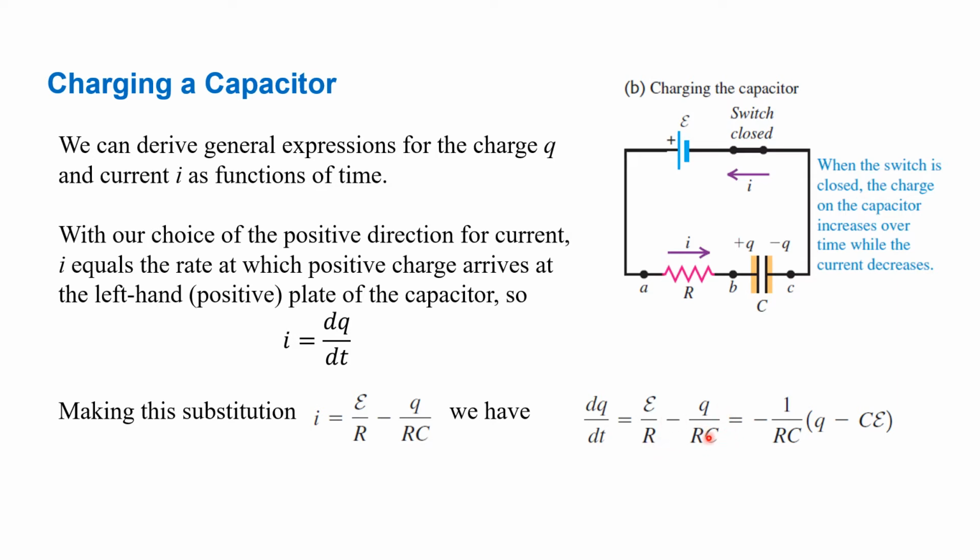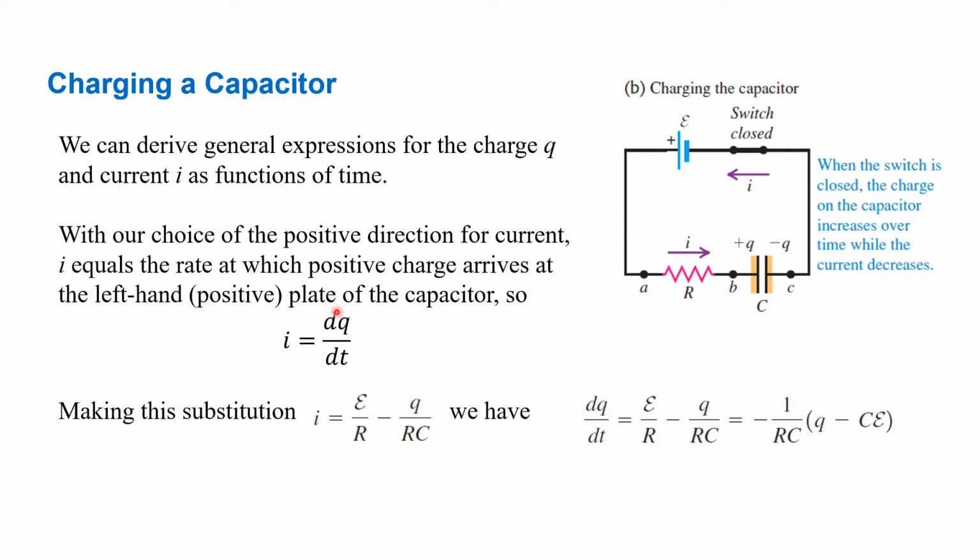Okay, and we can actually take RC out of the equation. So we just take negative 1 over RC out of the equation. So you have negative 1 over RC times Q minus C epsilon. Or you can just take out RC and then interchange your Q and your epsilon, whatever way you like. That is just this equation here.